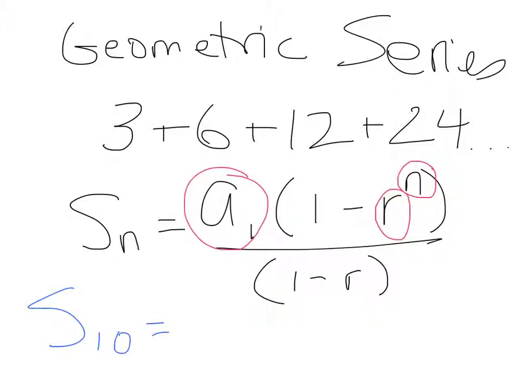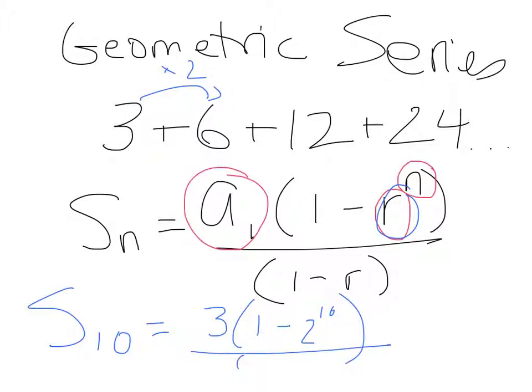I just take my A1, which is 3, times 1 minus 2 to the n, where n is 10 because I want 10 terms, all over 1 minus 2. I'm multiplying by 2 every time. When you put this in your calculator, you put it exactly with the parentheses you see, and that'll tell you what the first 10 terms add up to.